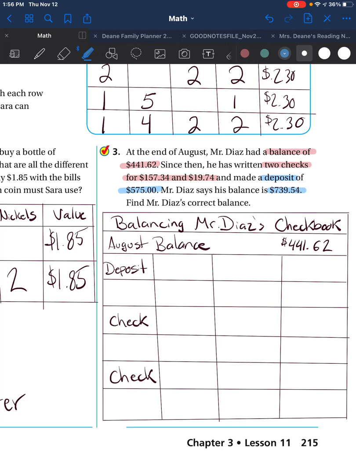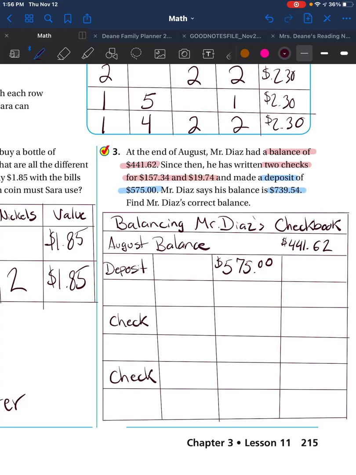So I wrote a table just like the one we did on the very first example we did. I started us off with his actual balance, which was $441.62. And I'm going to go ahead and put his deposit in first. And we know that he had a deposit of $575.